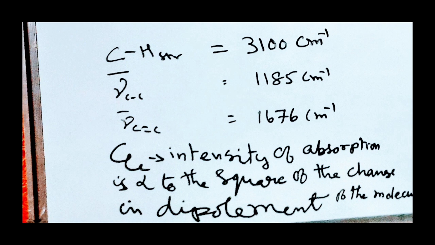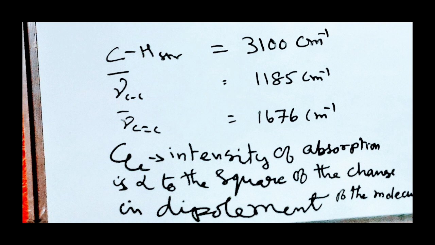It is calculated based on this formula, nu bar is equal to 1 by 2 pi c square root of k by mu, where k is your force constant and mu is your reduced mass of the system. Force constant speaks about the strength of the chemical bond. We will see later on what is meant by the force constant.